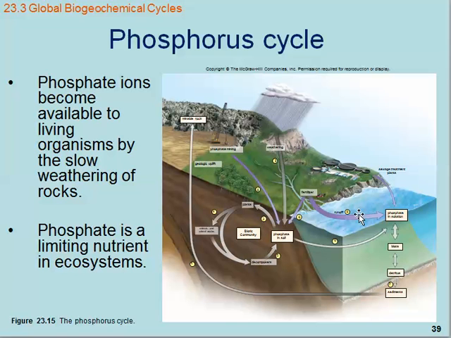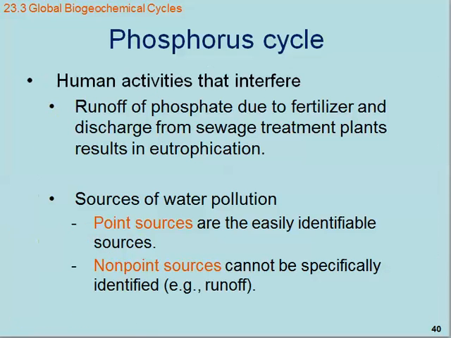It's an excessive supply. And it runs off into a body of water and will cause eutrophication, nutrient enrichment, just as nitrogen will. Turns out that phosphorus is a primary limiting factor in freshwater bodies like lakes and ponds, whereas nitrogen is the primary limiting factor in a saltwater body like the Atlantic Ocean or Long Island Sound.